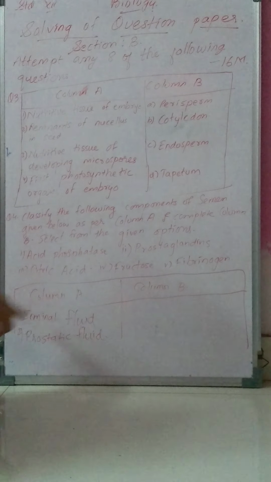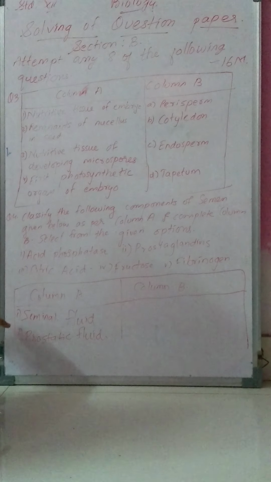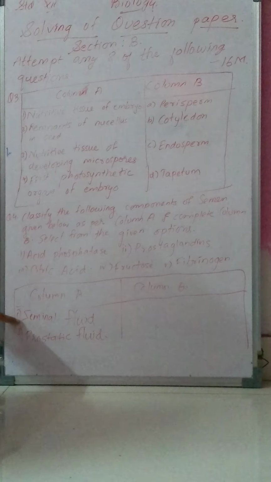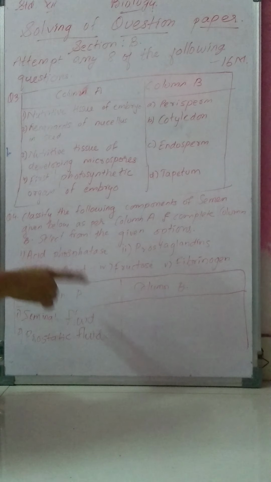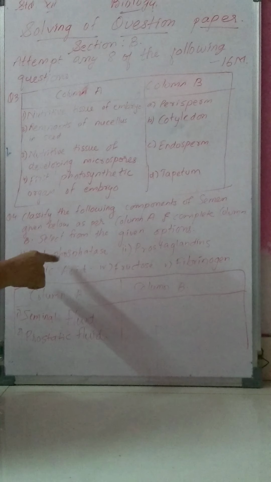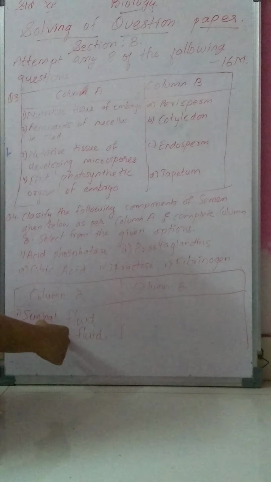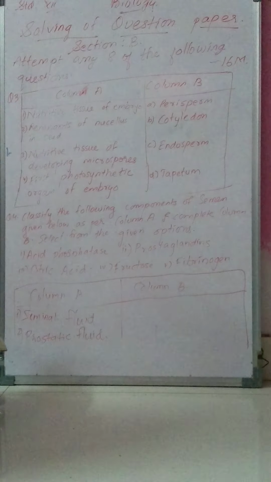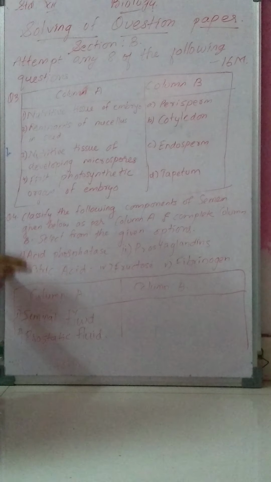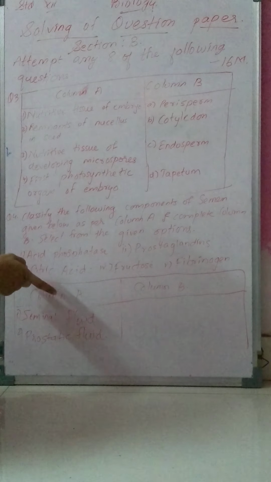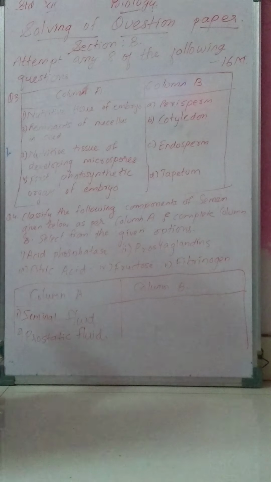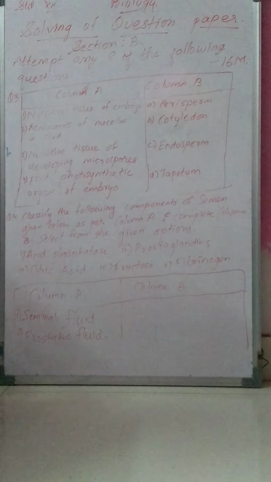You have to write whether these semen components fit in seminal fluid or prostatic fluid. Now this you will find in chapter number 2. Name of the chapter is reproduction in lower and higher animals. Second chapter you will find this answer.